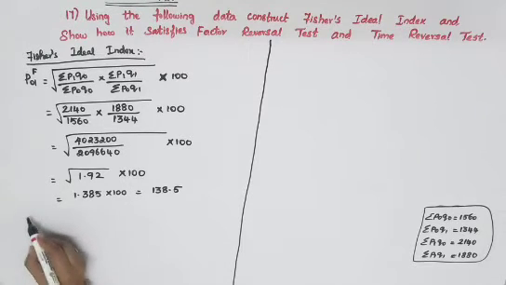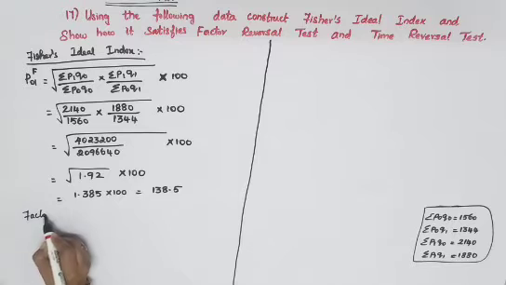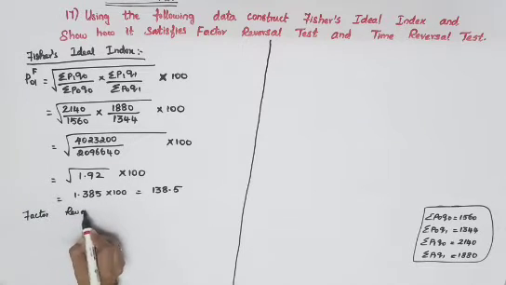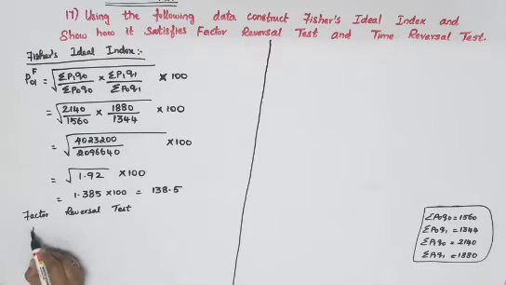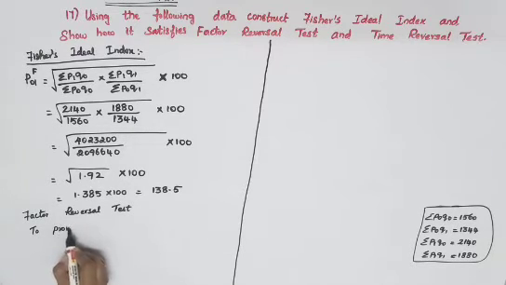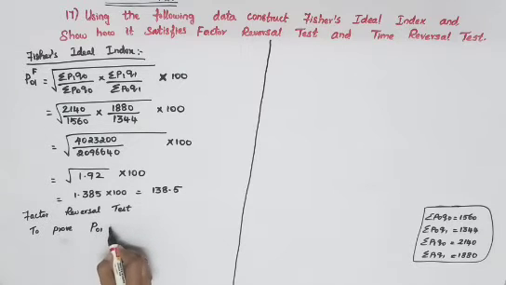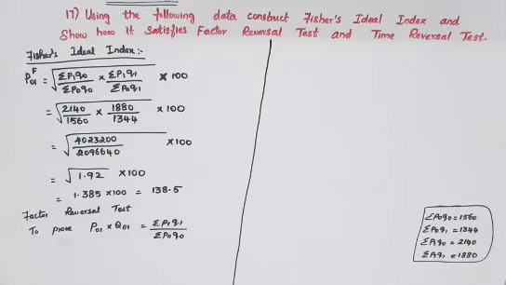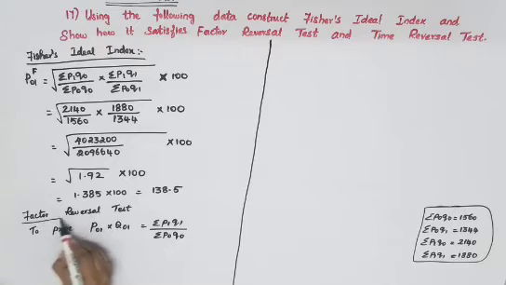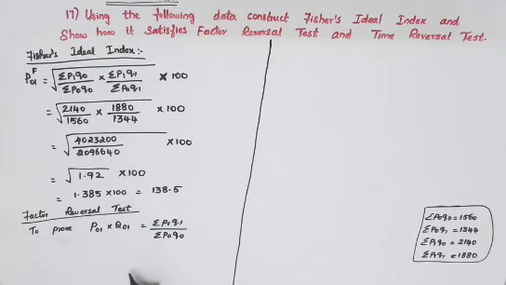Your factor reversal test is to prove P01 into Q01 is equal to sigma P1 Q1 divided by sigma P0 Q0. This you will have to prove. So to prove your factor reversal test, you will have to prove this. For P01 into Q01, you will have one formula.